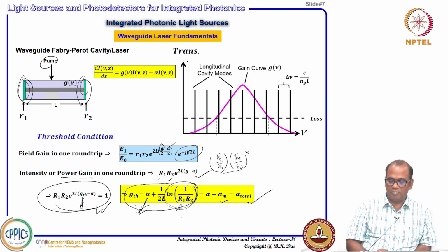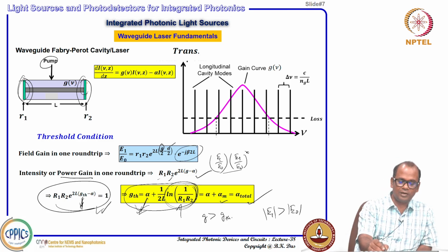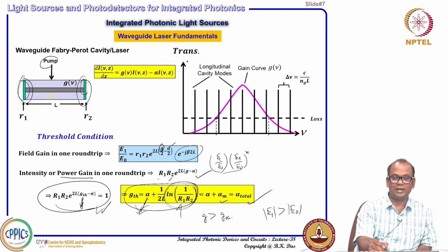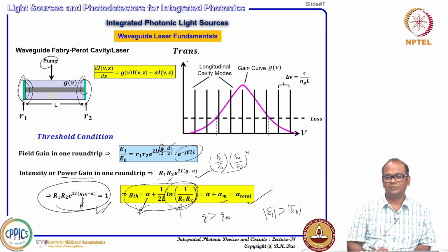But if your G is greater than G threshold, that means your E1 must be greater than E naught. When E1 is greater than E naught, the additional field gives you more energy, overcoming the loss, and when it overcomes the loss, energy starts growing inside the cavity.